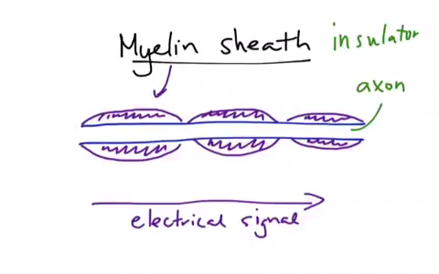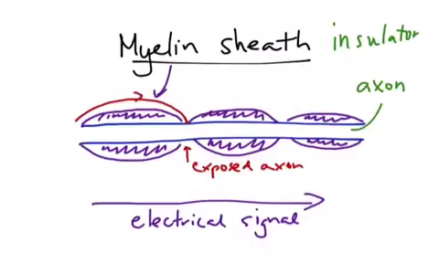A conductor is the part that allows electricity to move through it. So what the myelin sheath does is causes the electrical signal that travels down the nerve cell to jump. So in between sections of the myelin sheath there are exposed bits of the axon. So this is a bit of the axon that is not covered by the myelin.